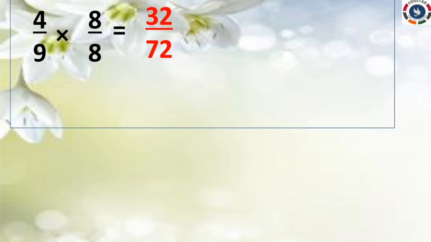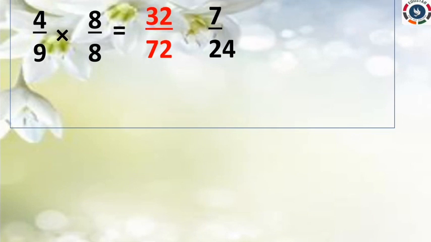So what number you use in the denominator, the same value you want to use in the numerator. So multiply by 8 by 8. So 4 by 9 into 8 by 8 is equal to 4 eights are 32 and 9 eights are 72. So 32 divided by 72.